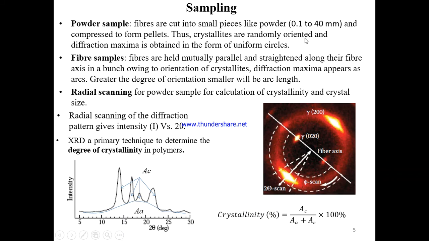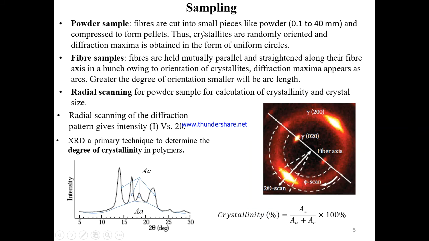The crystallites are randomly oriented inside the pellet as a result. When you cut the fiber into powder and form a pellet, all the crystallites present inside the powder particles are randomly oriented in all directions, and the diffraction maximum is obtained in the form of uniform circles.